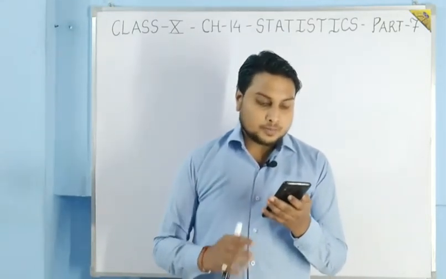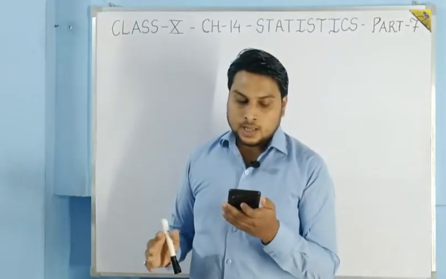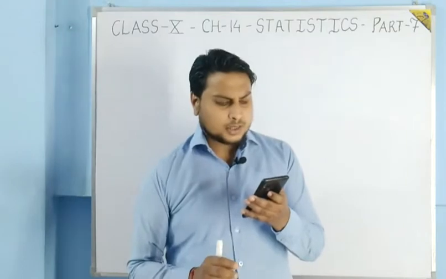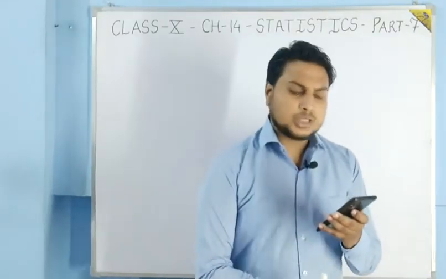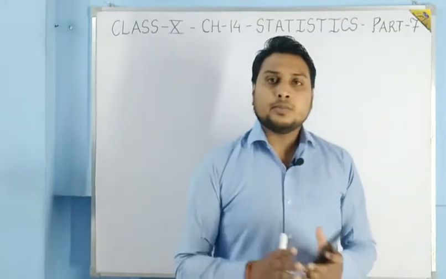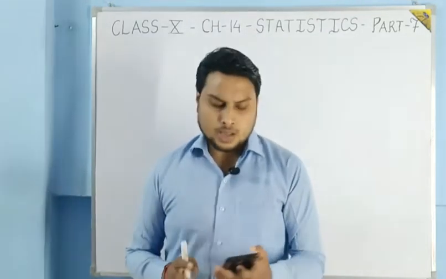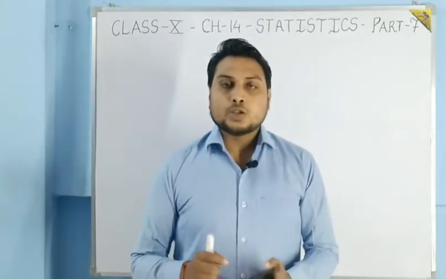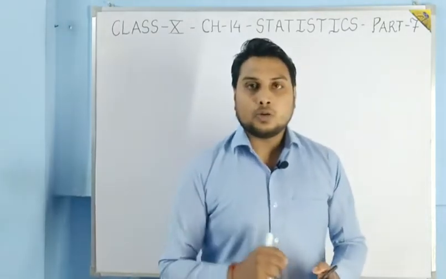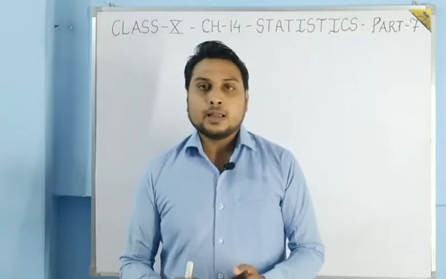Find the median, mean and mode of the data and compare them. Students, this question is very easy. You only have to find the median, mean and mode of the data. The table is given, and I have told you all the methods of how to find mean, mode and median.